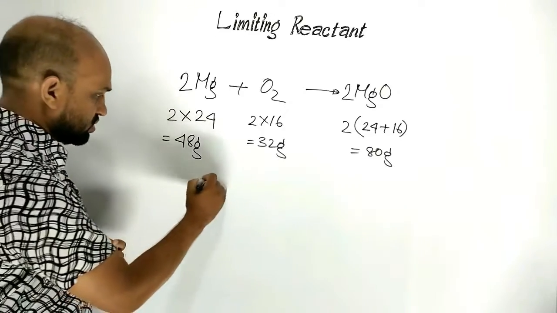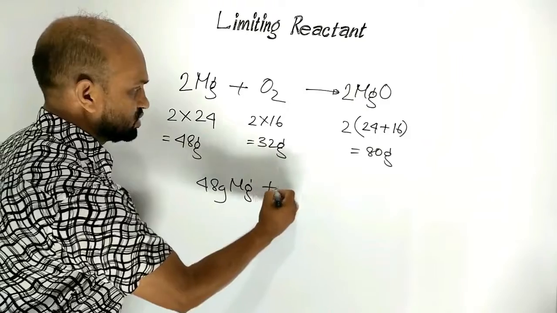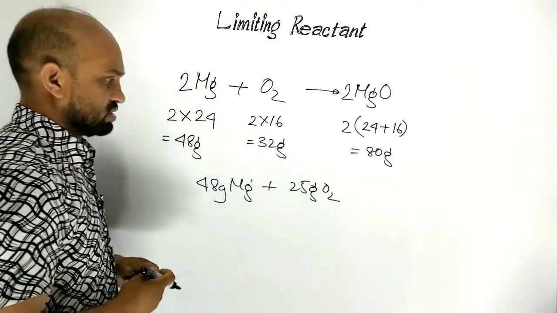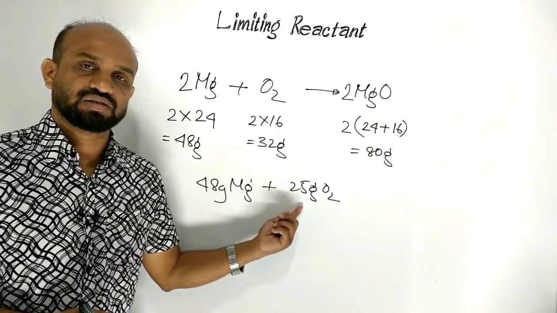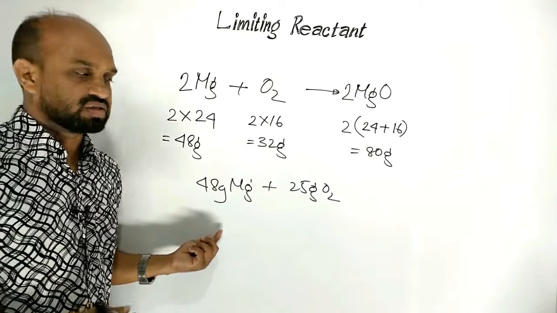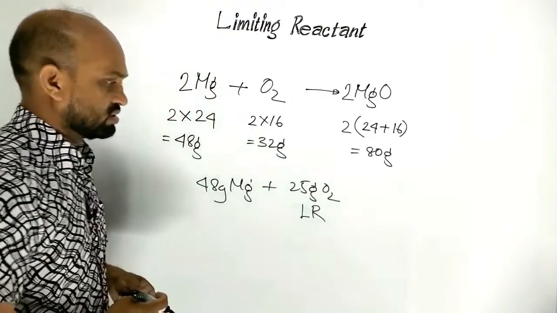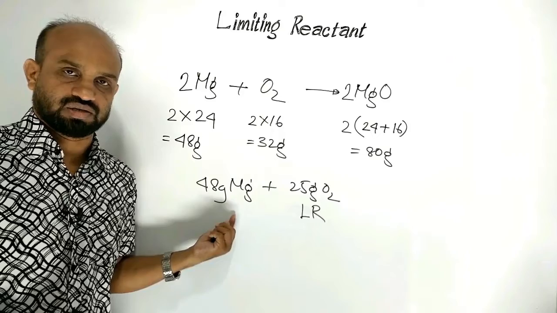Suppose 48 gram magnesium is mixed with 25 gram oxygen, then oxygen will be finished earlier than magnesium. So in this case, oxygen will be the limiting reactant and magnesium will be the excessive reactant.